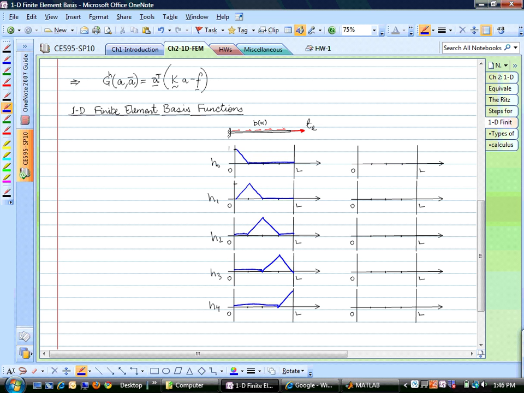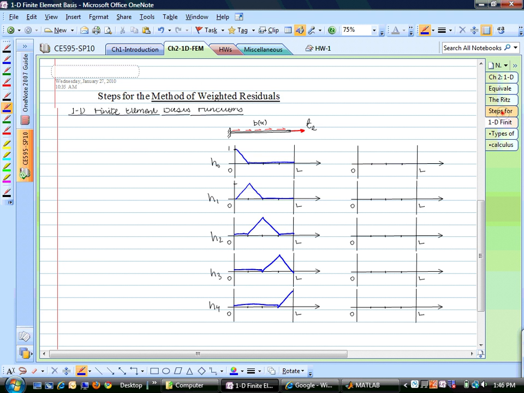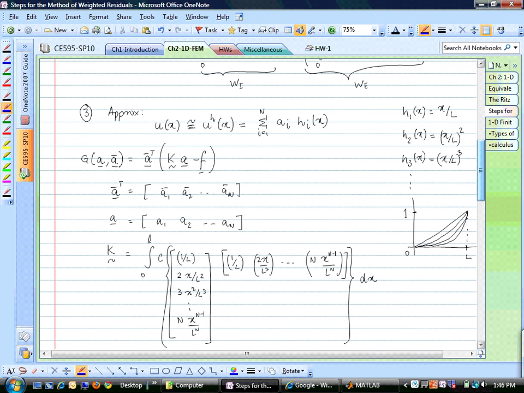Now compare them with what we were doing last time. We said last time that the shape functions that we will choose are going to be something like this. Linear all the way through from 0 to L. So these were global basis functions.